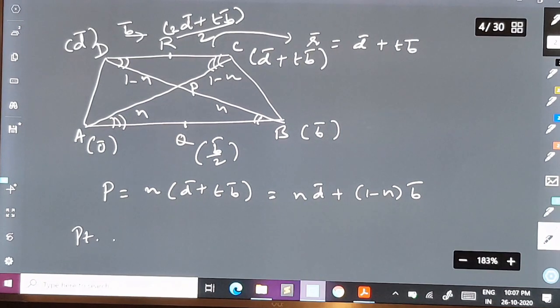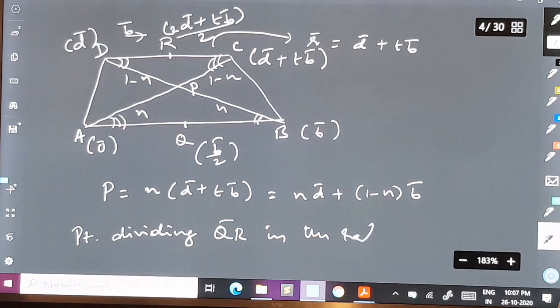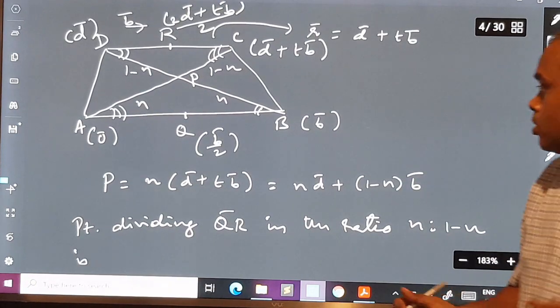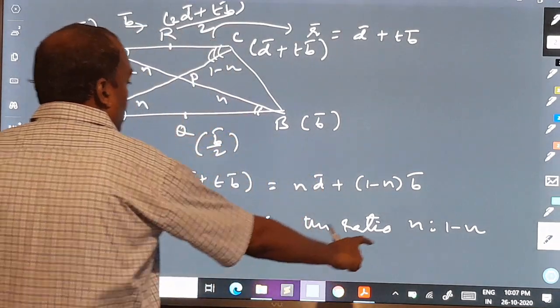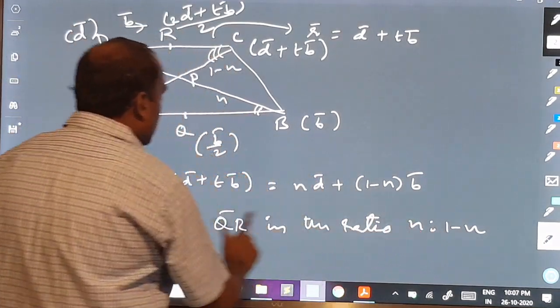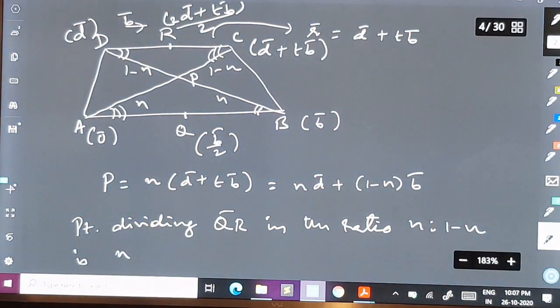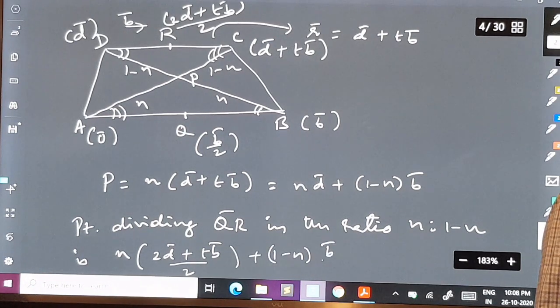So the point dividing QR in the ratio n is to 1 minus n will be n times R and 1 minus n times Q. So it is n times 2D bar plus TB bar by 2 plus 1 minus n into B bar by 2.